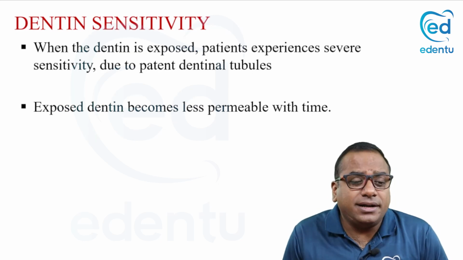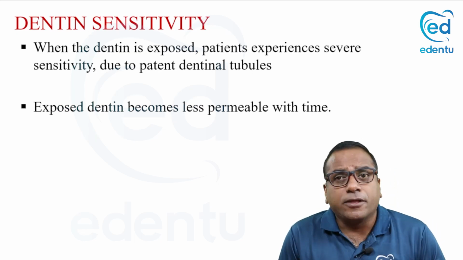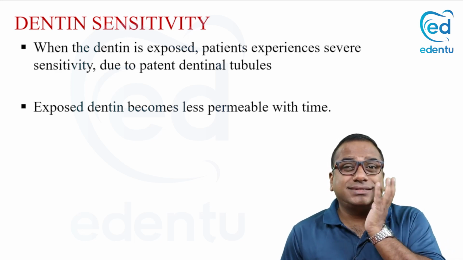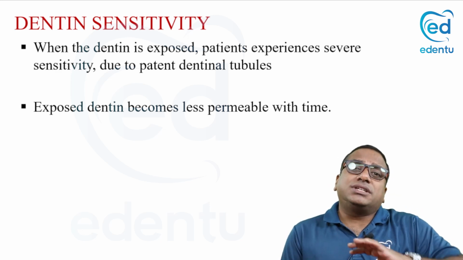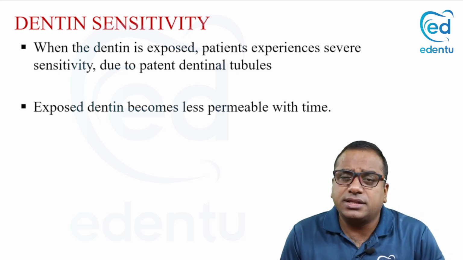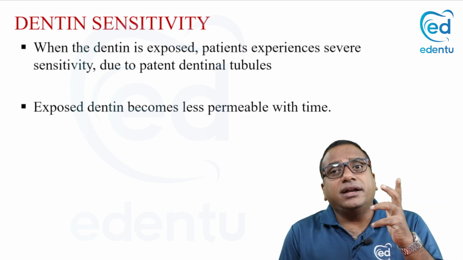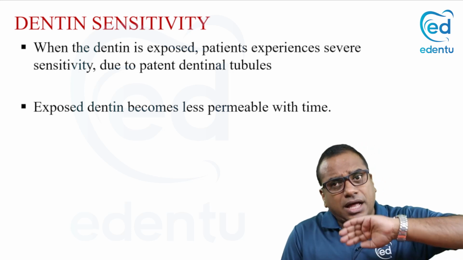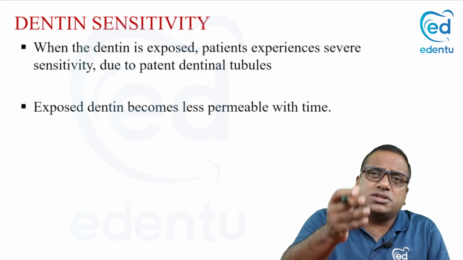And then dentinal or dentin sensitivity. You will see that some patients drinking water suddenly feel sensitivity. This is because the dentinal tubules are exposed. The enamel gets abraded and the dentinal tubules are exposed. So you have to give them a covering of cement, that is your GIC cement.